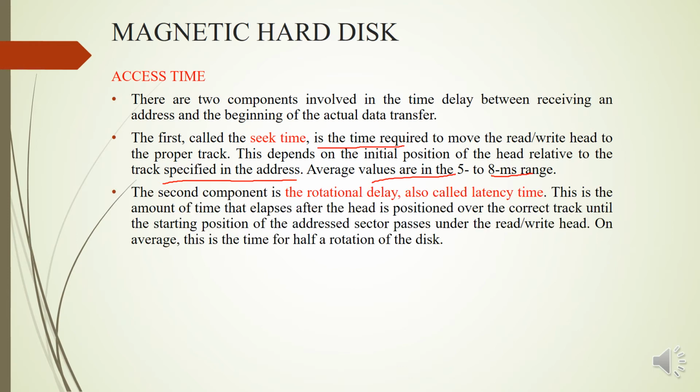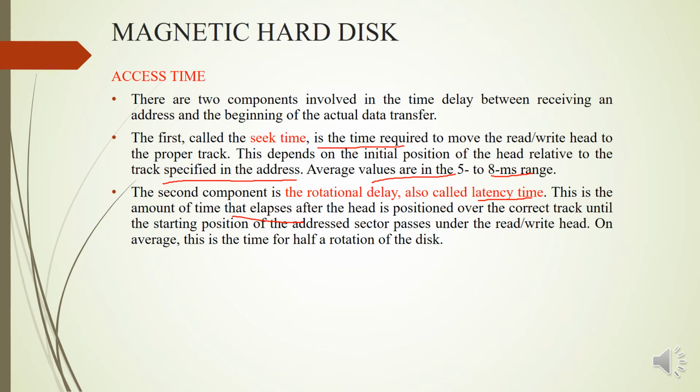The second component is the rotational delay, which is also called latency time. This is the amount of time that elapses after the head is positioned over the correct track until the starting position of the addressed sector passes under the read or write head.